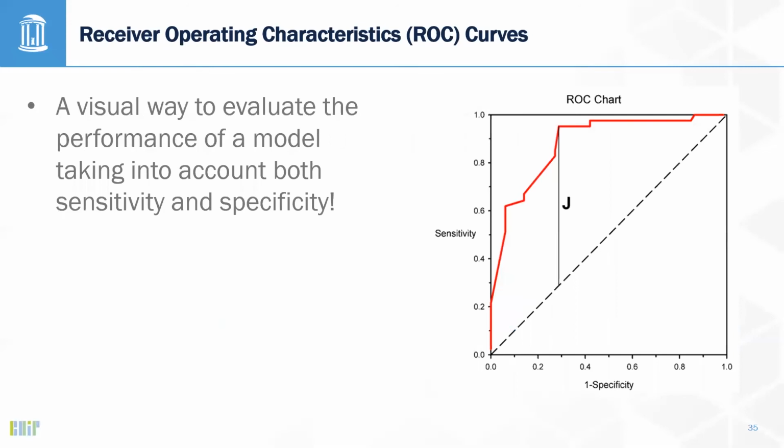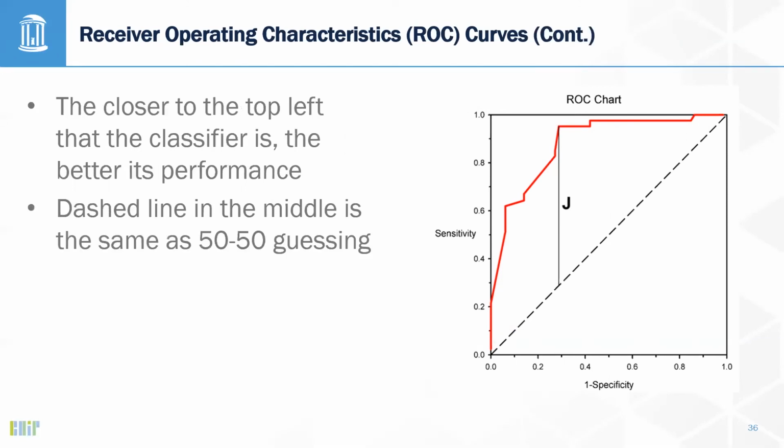Our last metrics we will be looking at are receiver operating characteristic curves, or ROC curves. This is a visual way to evaluate a model's performance taking into account both sensitivity and specificity. The y-axis of the curve is sensitivity, and the x-axis is 1 minus specificity. The ROC curve allows us to get a picture of overall model performance.